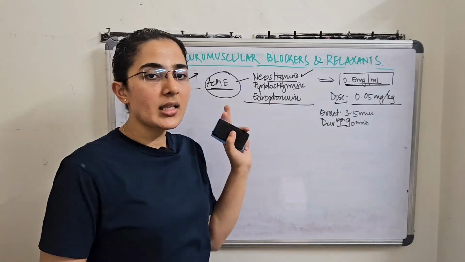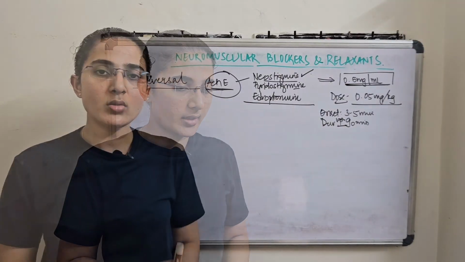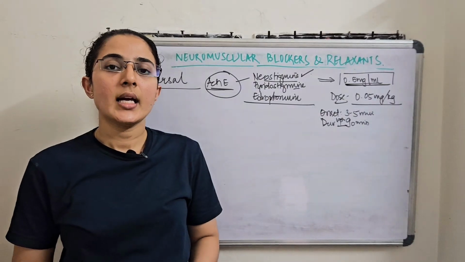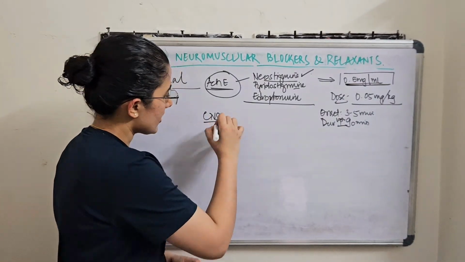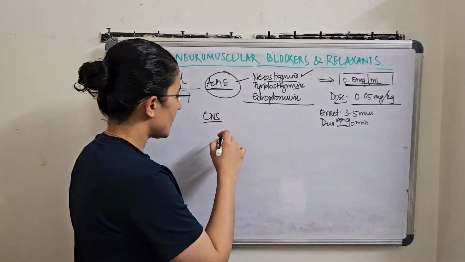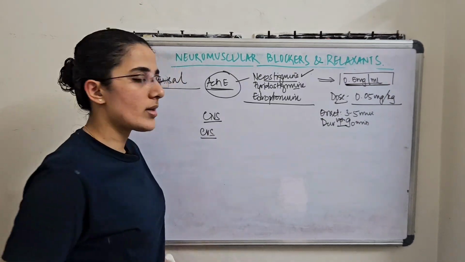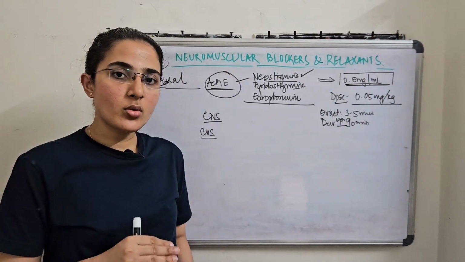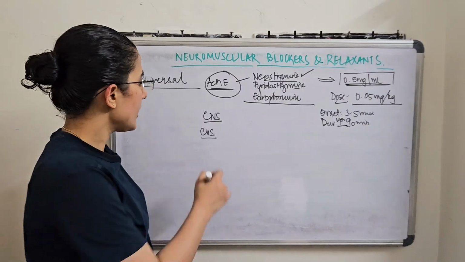We have also seen how it acts. It's basically an acetylcholinesterase inhibitor. Coming to the action of neostigmine in the central nervous system, it can cause blurred vision, pericorneal injection, and a state of confusion. In the cardiovascular system, it will cause bradycardia, so we have to give it with atropine or glycopyrrolate, right?